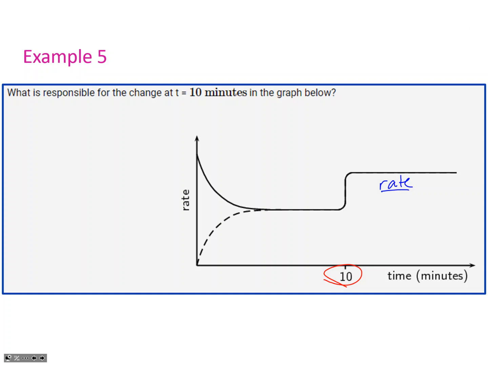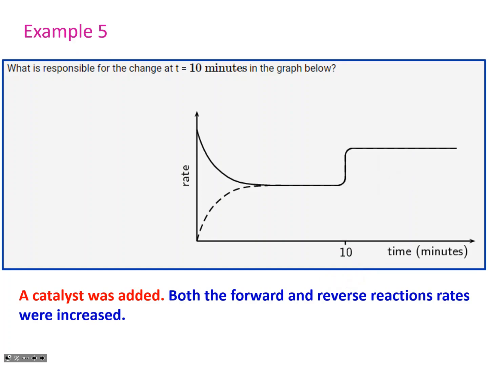The K value's the same. Yes, the K value is going to be the same, but what is making them both start going faster? Yes, that would be the catalyst. So this graph is showing you that a catalyst has been added. Both reaction rates have increased equally.